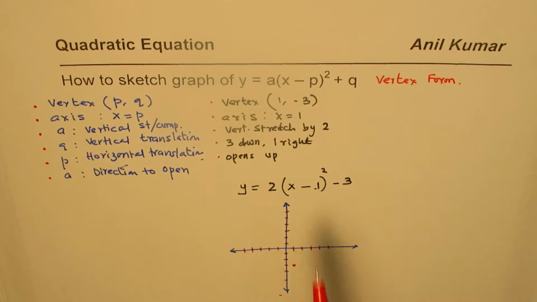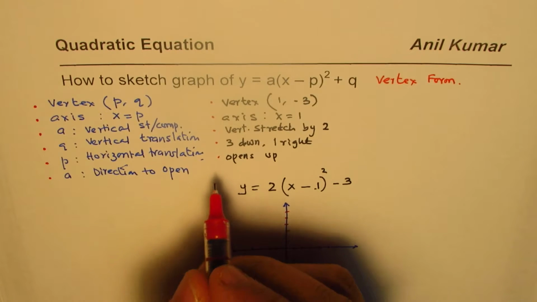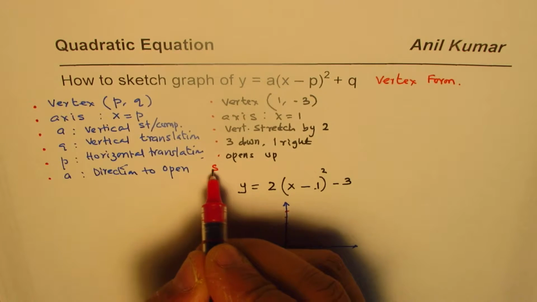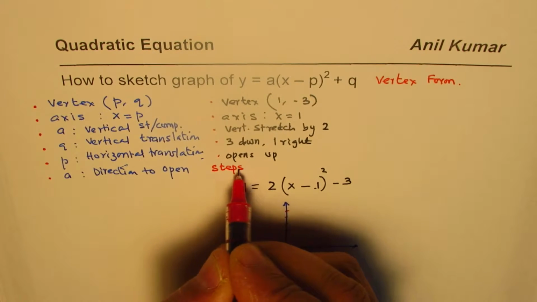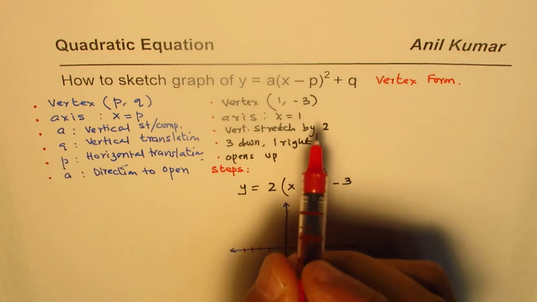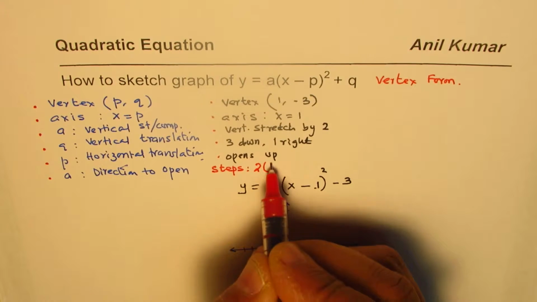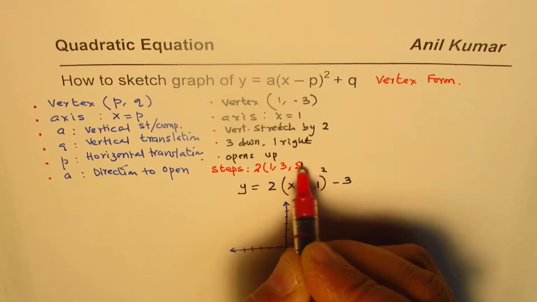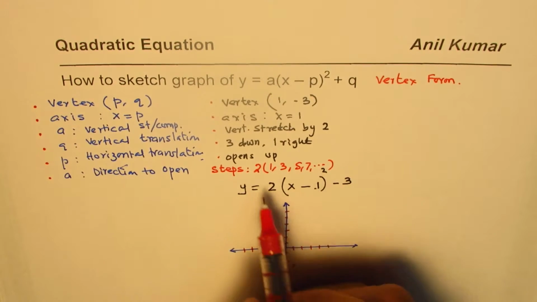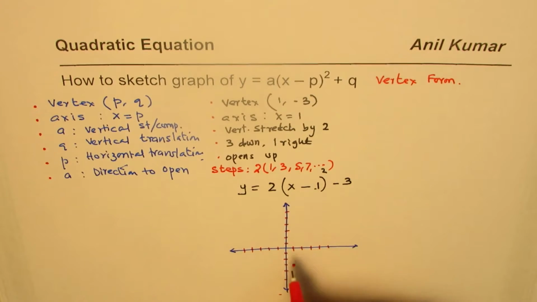Now the steps here are given by a. That's a very important point. Steps are a times 1, 3, 5, 7. a is 2 in this case, so it is 2 times 1, 3, 5, 7 and so on. 2 times 1 is 2, so the first step is 2 units.